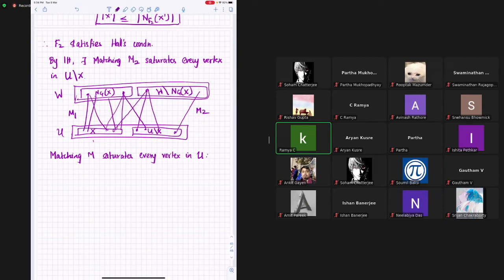So this is a set of edges, right? M1 is a set of edges, these ones, and then M2 is also a set of edges. M1 covers X and M2 covers U minus X. So what is the matching M that covers all of U?